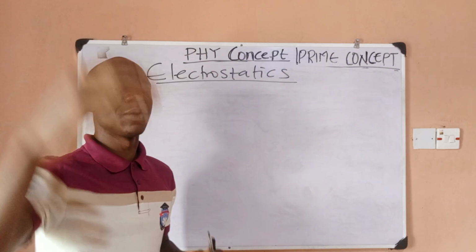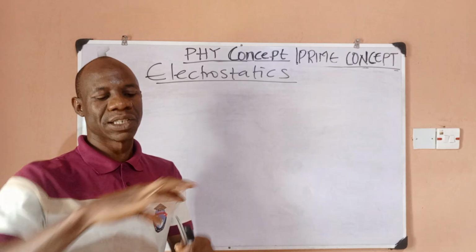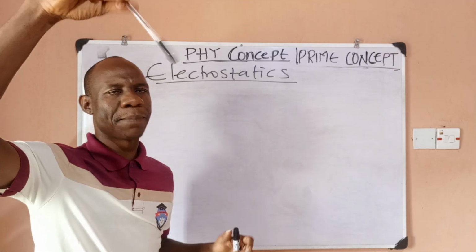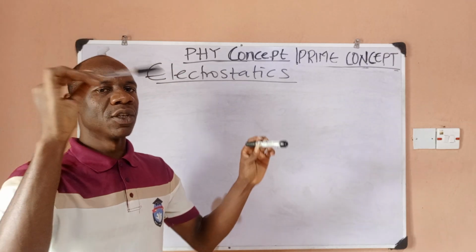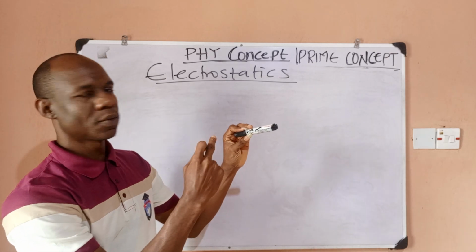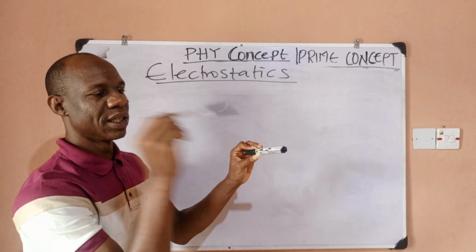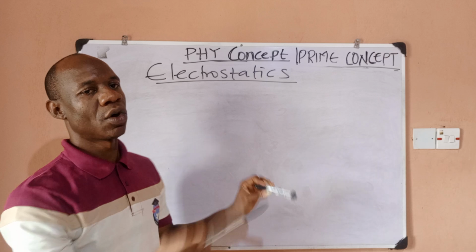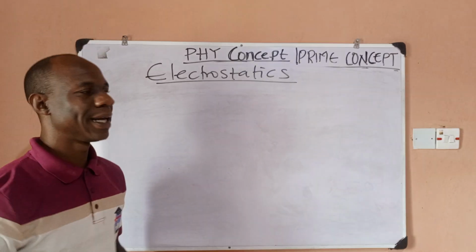So that is exactly what we mean by electric charge, the property that is possessed by matter that makes it possible such that whenever you bring it close to an electric field, it will experience either attraction or repulsion. That is what we mean by electric charge.